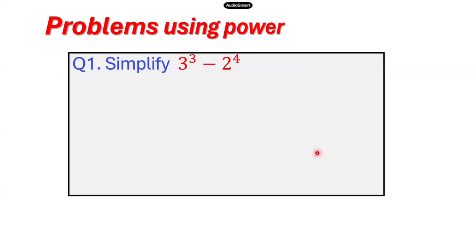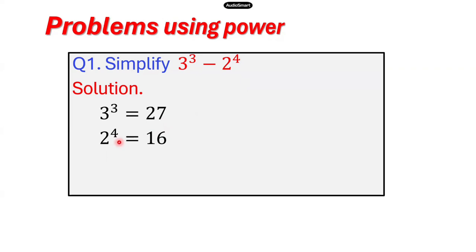Now, what kind of problems can you expect using powers? First, let's have the question: simplify 3 to the power 3 minus 2 to the power 4. How can we solve it? 3 to the power 3 we know is 27. 2 to the power 4 we know is 16.